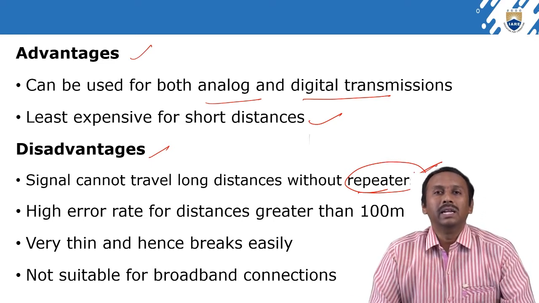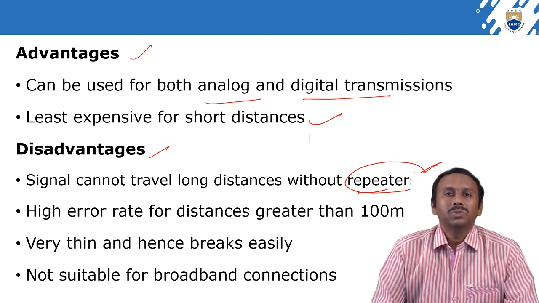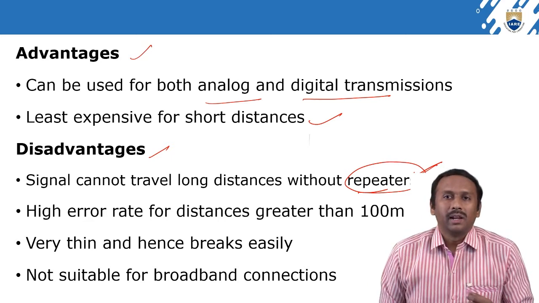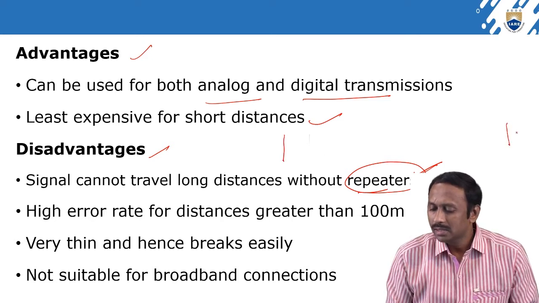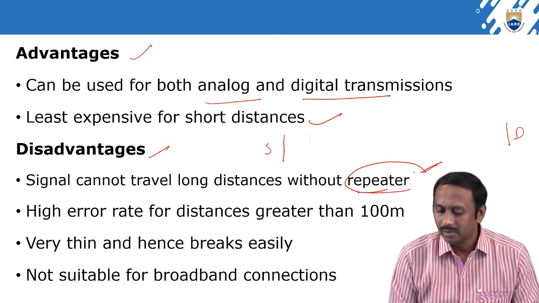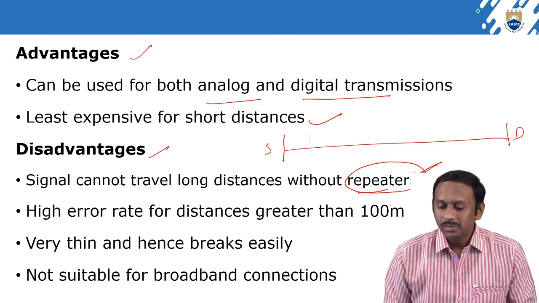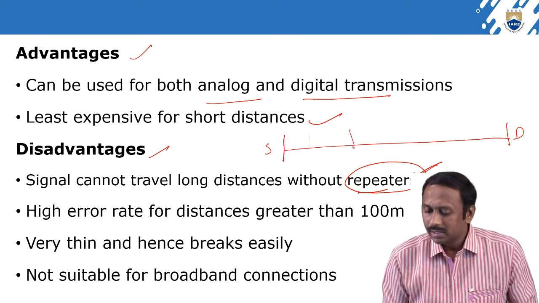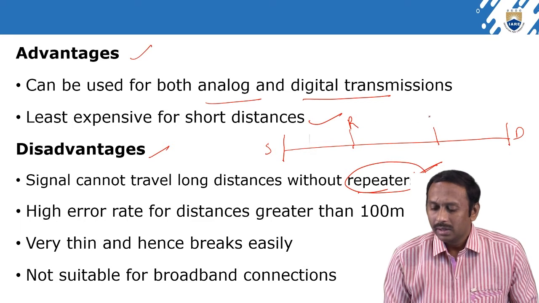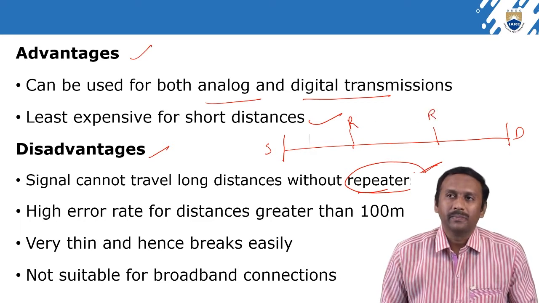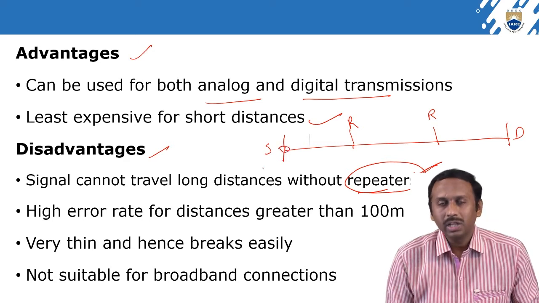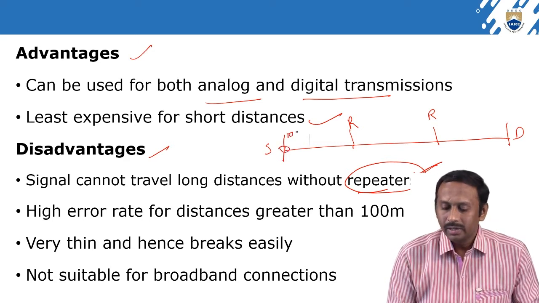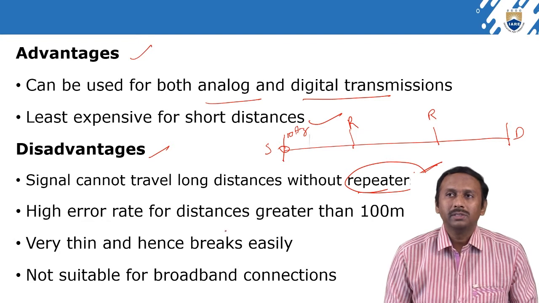A repeater is a device which is used to regenerate the signal. For example, this is the source and this is the destination. Assume that at every certain distance we install a repeater. Suppose the signal strength at the starting point is 10 hertz.